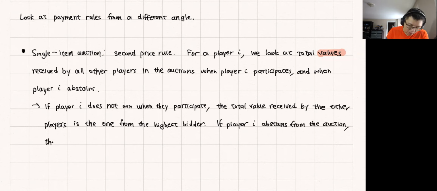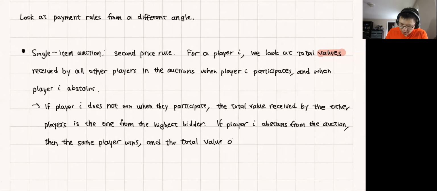The same player wins, and the value is exactly the same. The total value obtained is exactly the same, as if player I abstains from the auction.